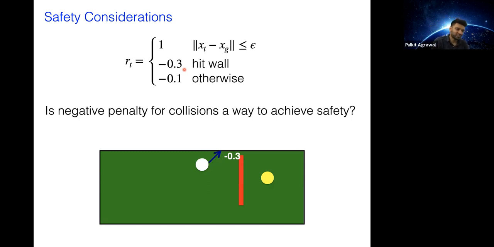So a question is, is this negative penalty for collisions a way to achieve safety? I'll open it up to people to respond. How many of you think that this is a good way to make the agent be safe, and how many of you think that this is not a good way to achieve safety?